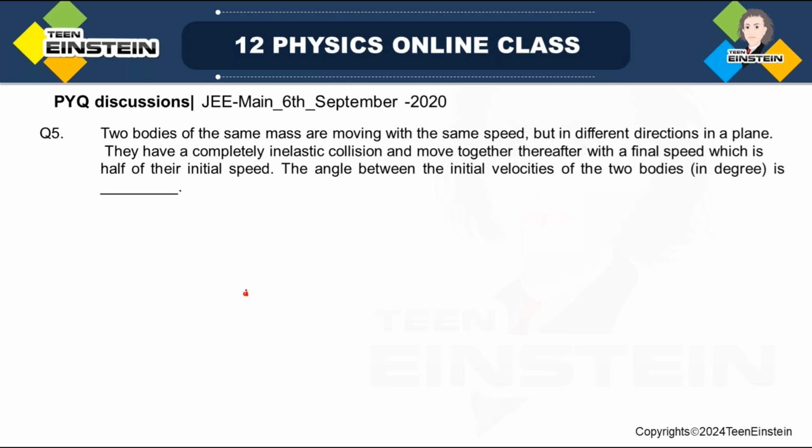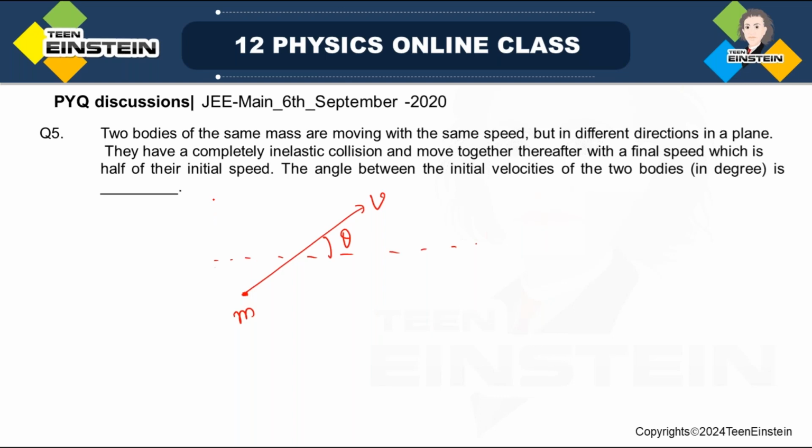They have a completely inelastic collision and move together thereafter with a final speed which is half of their initial speed. Suppose this is a horizontal line and one body having mass m1 is moving with velocity v making an angle theta.